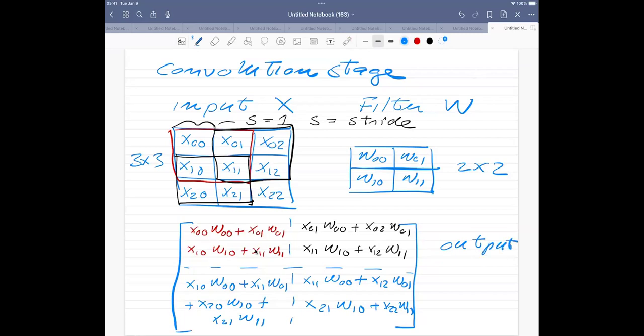Now, there's one thing I wanted you to pay attention to, because that introduces another hyperparameter, which is called padding. If you look at the values in these specific cases, if you take the corners, if you look at x00, this specific value appears only in this block.